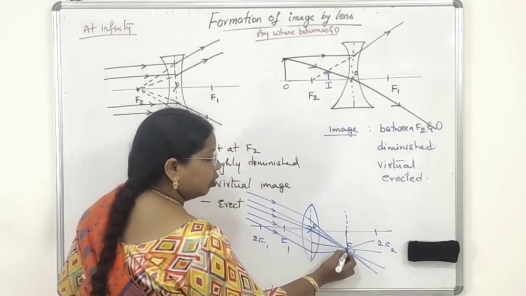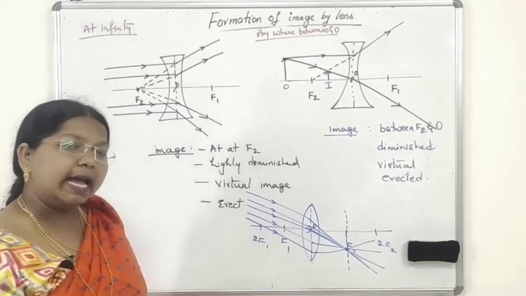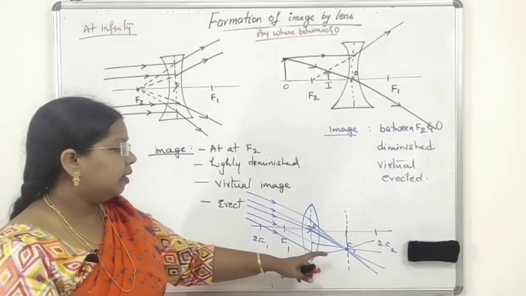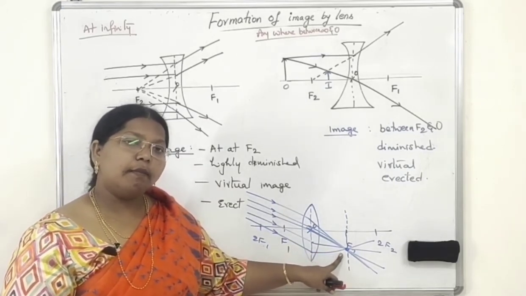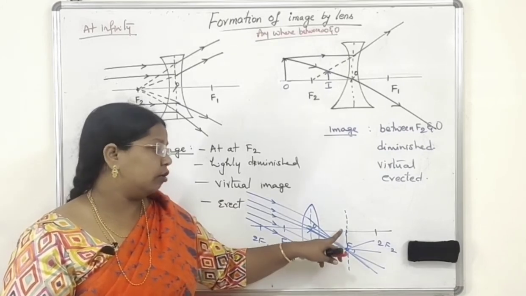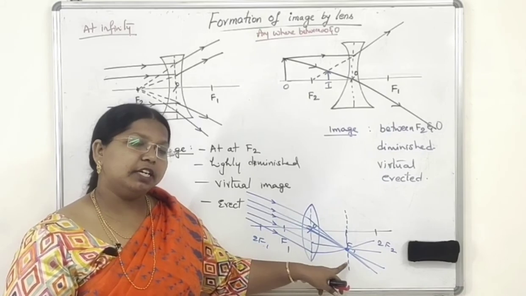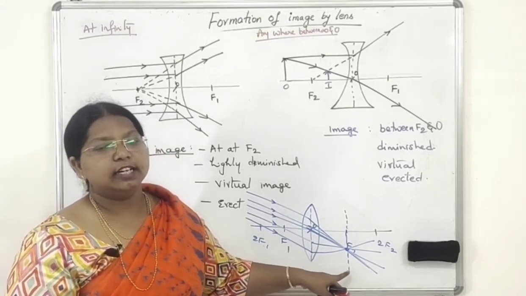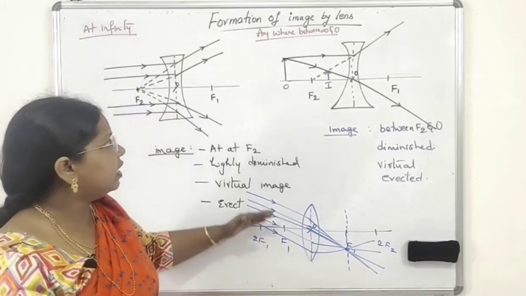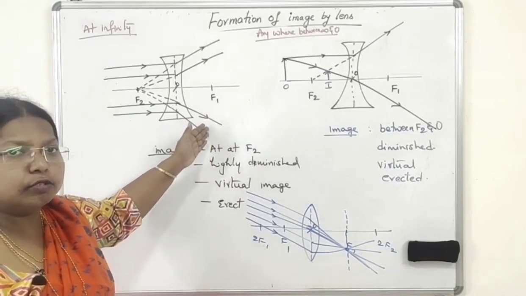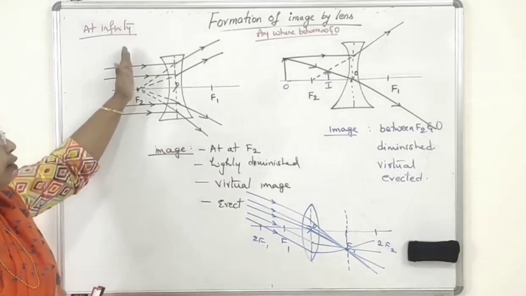Clear, students? On focal plane. Highly diminished. So what is the nature of the image formed on the focal plane, not on the focus, formed on the focal plane. Highly diminished, real and inverted image. Same in the case of concave also. They will be forming on the focal plane.